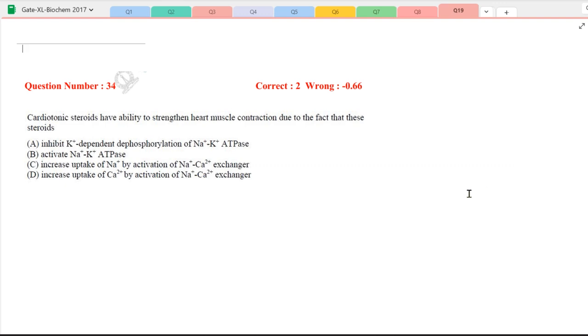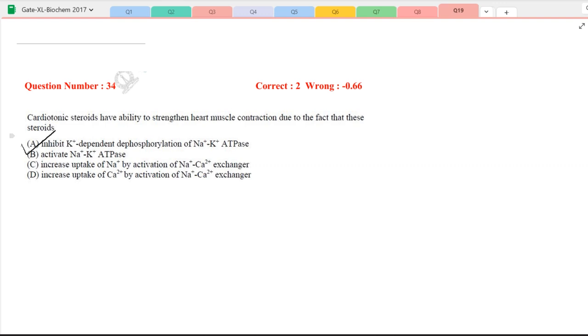Cardiotonic steroids have the ability to strengthen heart muscle contraction. How these steroids work is they basically prevent the dephosphorylation of the Na plus K plus ATPase. When this happens, the level of Na plus increases inside the cell.